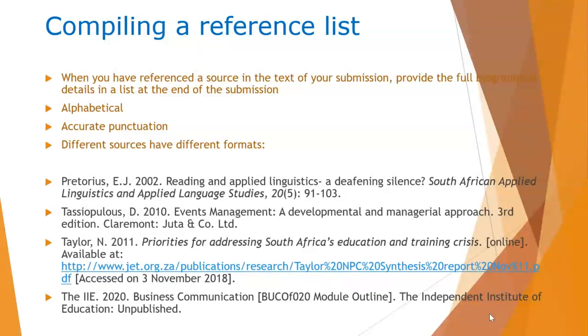The second one I know is a book, because the place of publication and publisher have been provided. The third one I know is a website because I can see the hyperlink. But look at the format, that's important. And then the final one is your module guide, and you know this because it says module outline. So that is how you will format these sources in a bibliography.